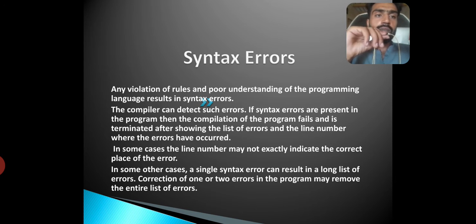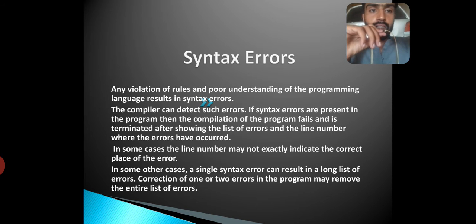In some cases, the line number may not actually indicate the correct place of the error. Correction of one or two errors in the program may remove the entire list of errors.